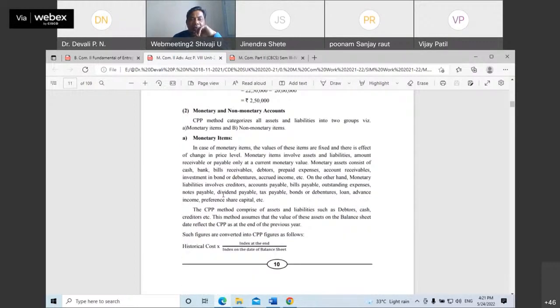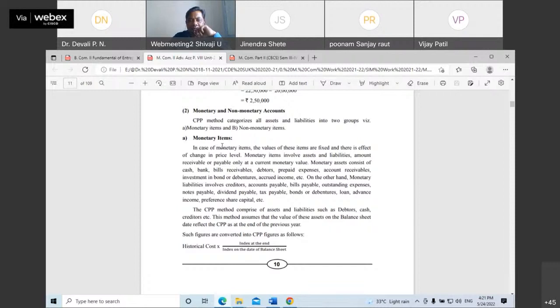Now, the second concept is monetary and non-monetary accounts. It means that we have to classify the assets and the liabilities under the CPP method into two groups. One is the monetary items and another is the non-monetary items. What are the monetary items that we have to consider?